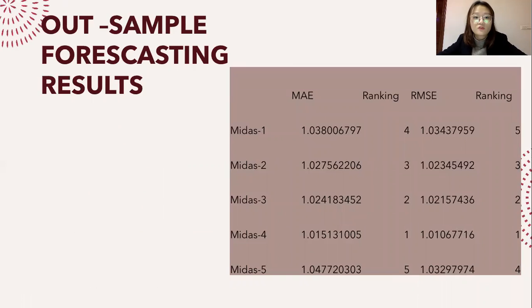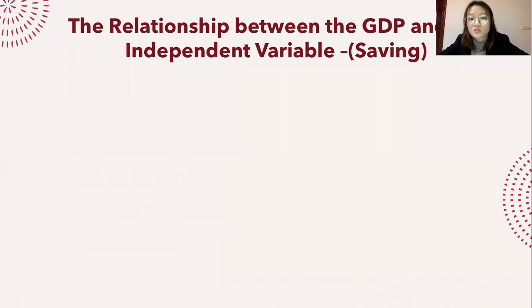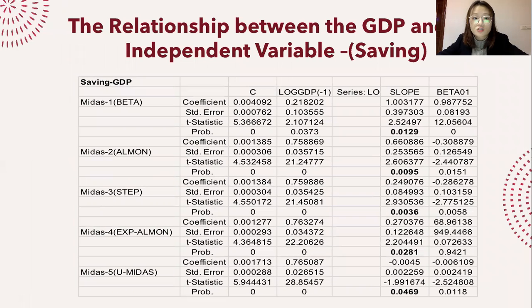Next, we will move to the relationship between the dependent variable and independent variables. Because we already concluded the best forecasting model for the post samples is the MIDAS, during the relationship analysis I choose MIDAS as the forecasting model. So there are 5 MIDAS.